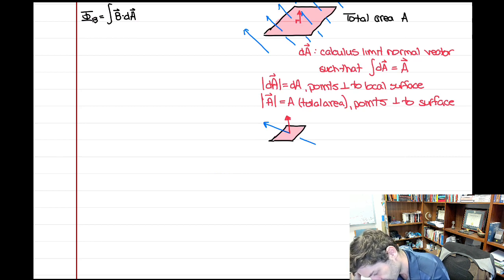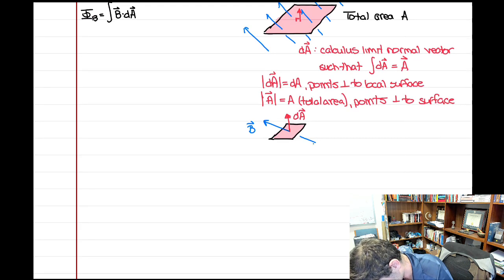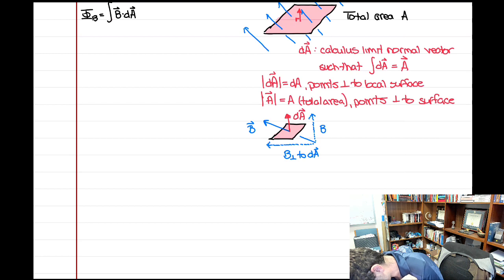Well, it's not too hard to see that for this vector B and dA, there is a component of B that is perpendicular to dA, and then there's a component here that is parallel to dA.